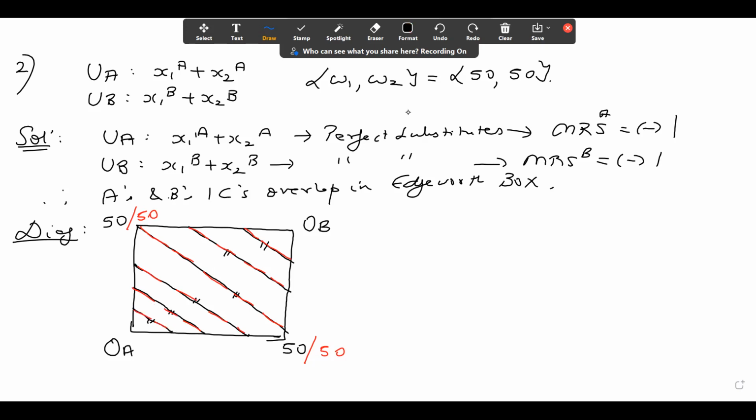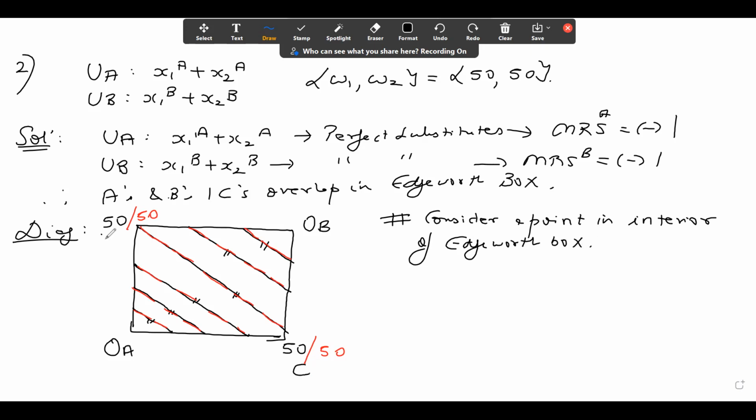And if they overlap, now you can take any point. Take a point in the interior of the Edgeworth box. Any random point in the interior.